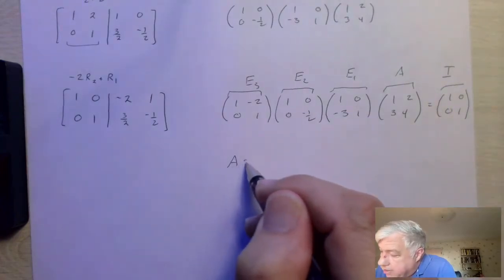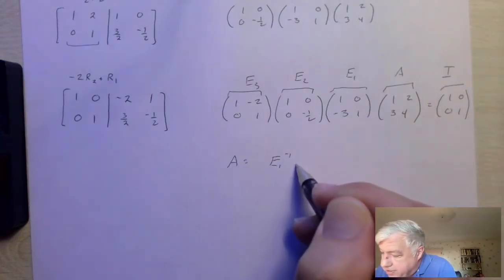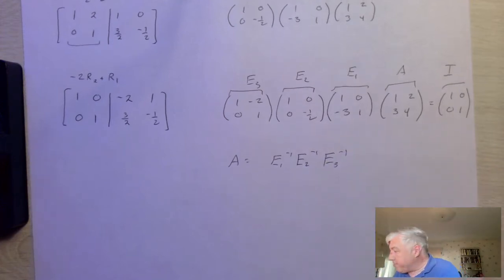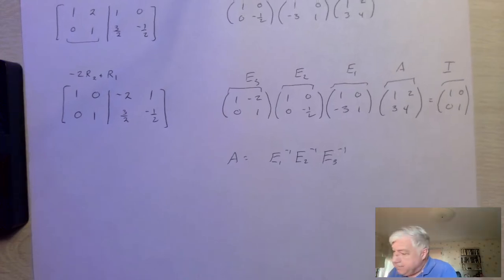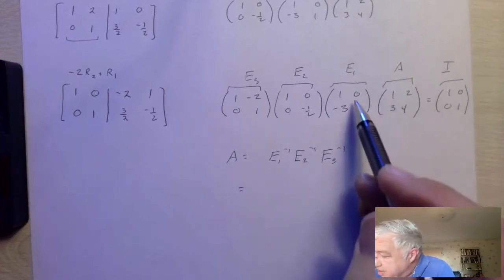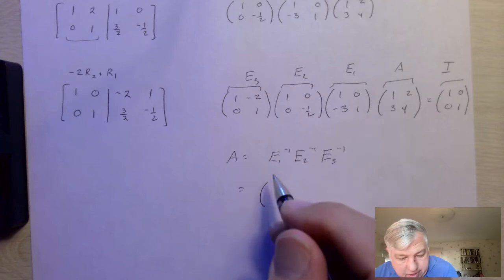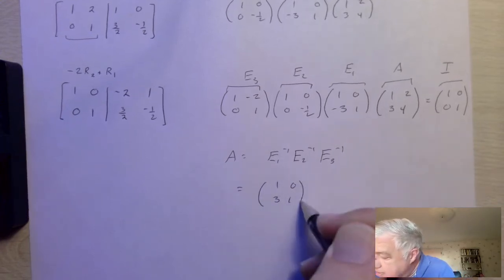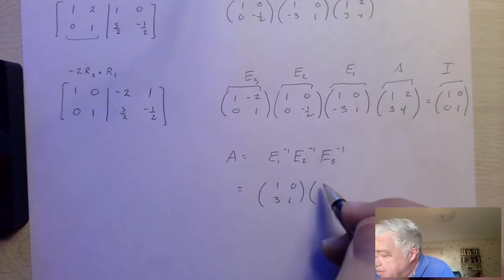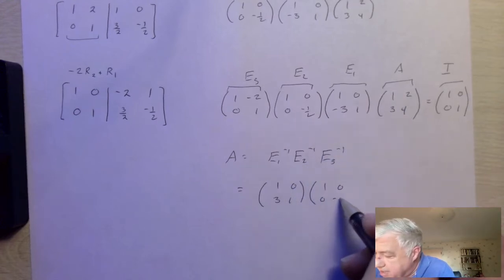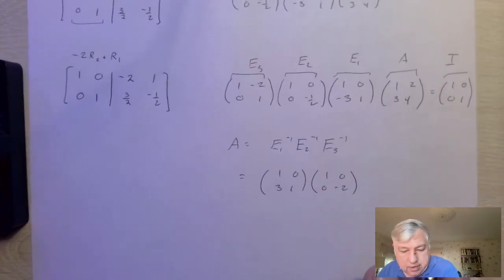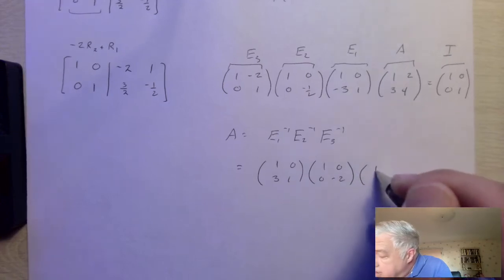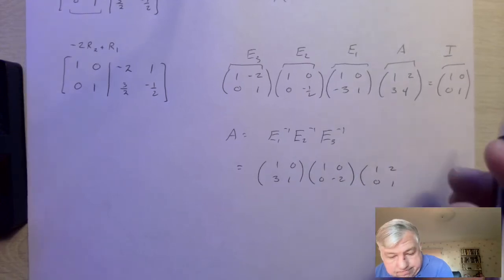And so A is going to be E1 inverse, E2 inverse, E3 inverse, where the inverse of E1 is going to be 1, 0, 3, 1. The inverse of E2 is 1, 0, 0, negative 2. And the inverse of E3 was 1, positive 2, 0, 1.